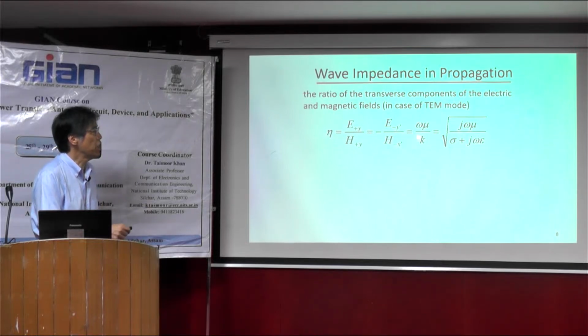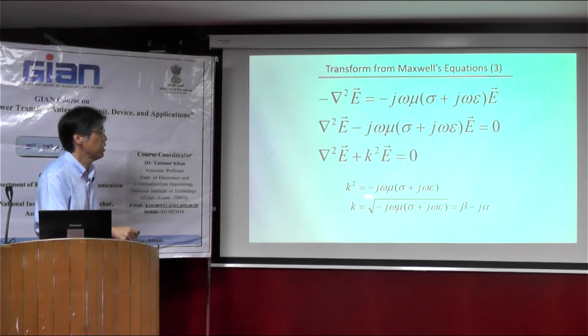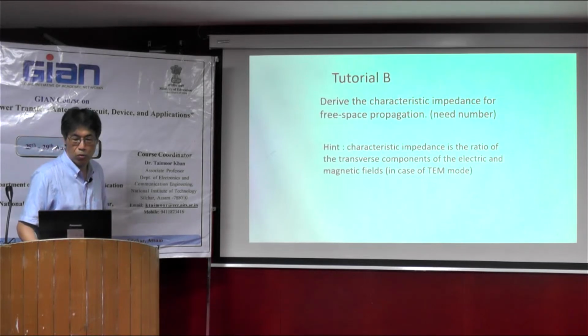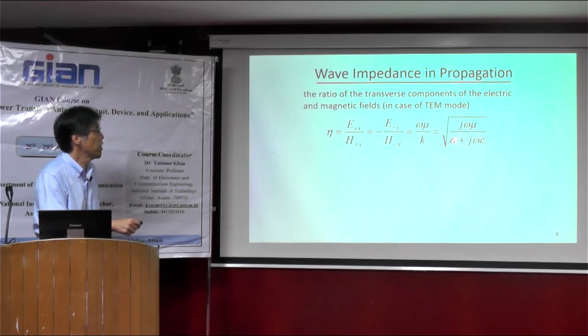And K is defined as I mentioned before here. We put K, and this is omega mu, and square is here.